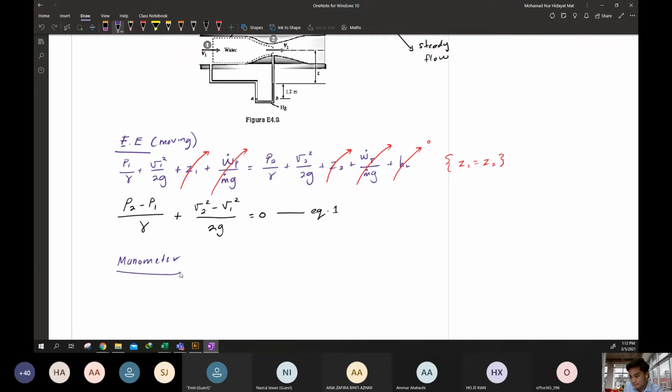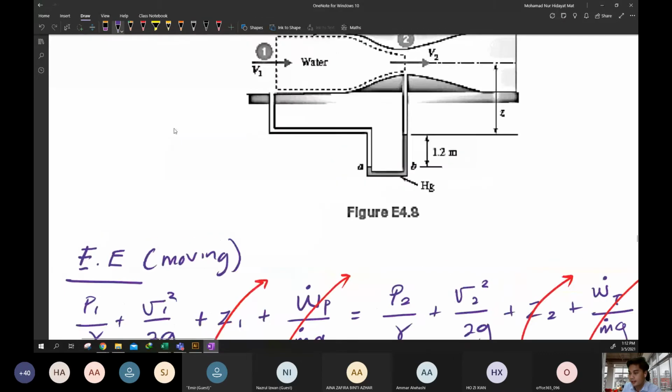This is interesting. When we deal with a manometer, we should put the reference line. You can see here, this is A, this is B, and this is C. So where should we start? We can start from anywhere.